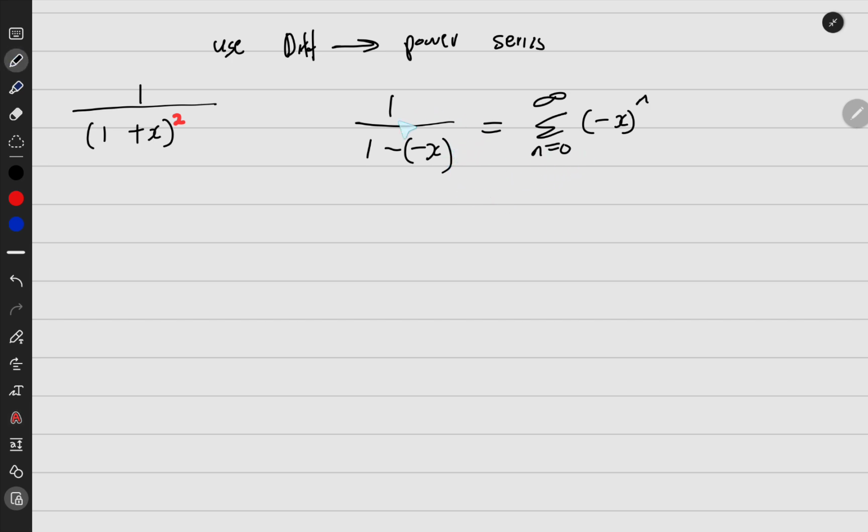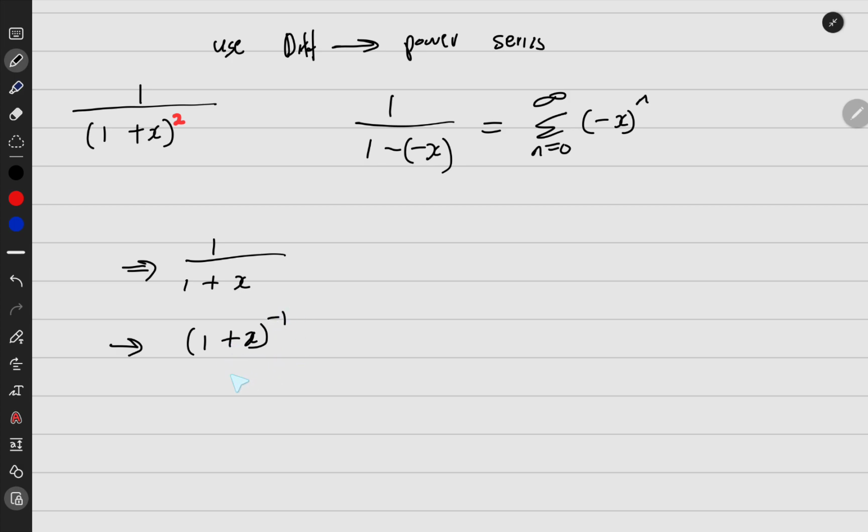We know that if we differentiate here, we can. Let me rewrite this so you can actually see it. First, let me rewrite this as 1 plus x. After rewriting, I can write this as (1 plus x) to the power negative 1.